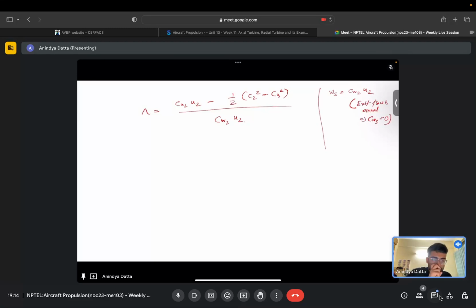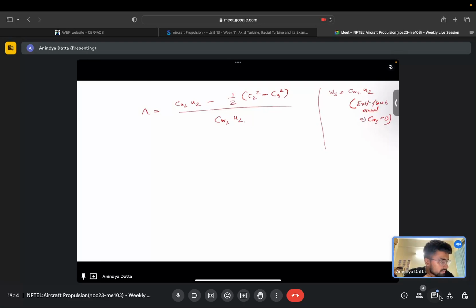Remember, work done is equal to U into CW at inlet minus U into CW at outlet, the product of blade velocity and whirl velocity. So if at exit the whirl velocity is 0, the work done becomes equal to CW2U2.